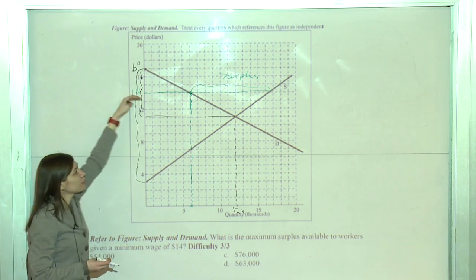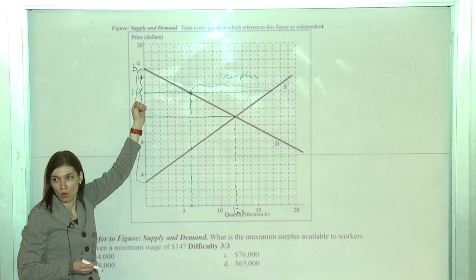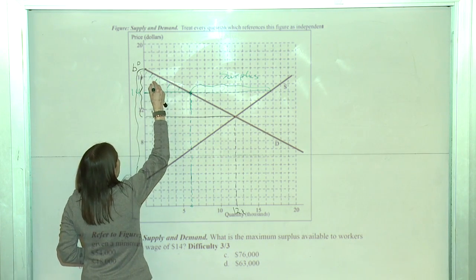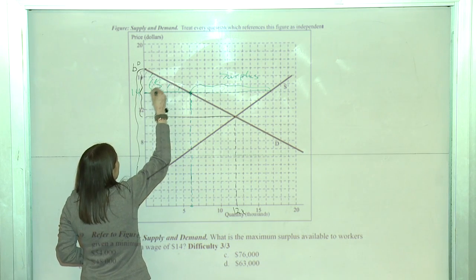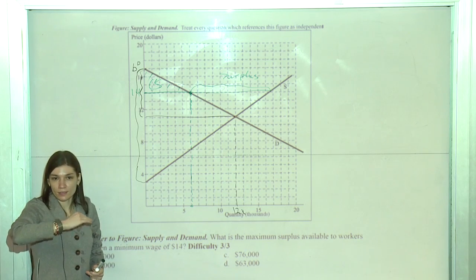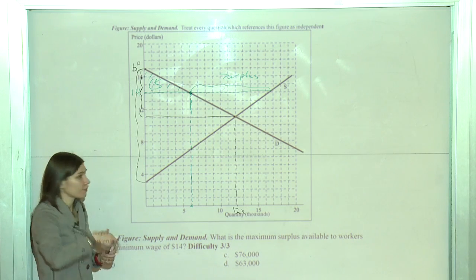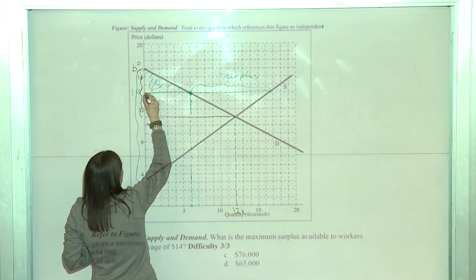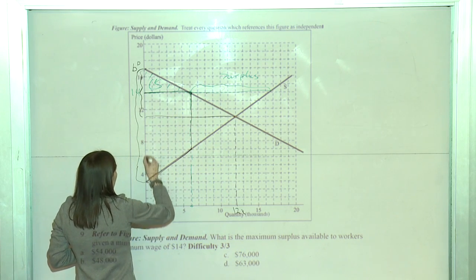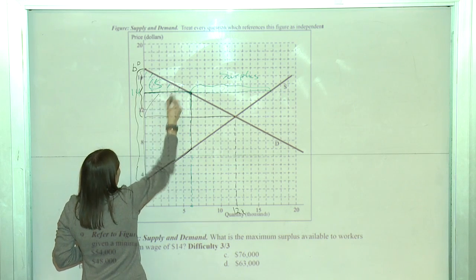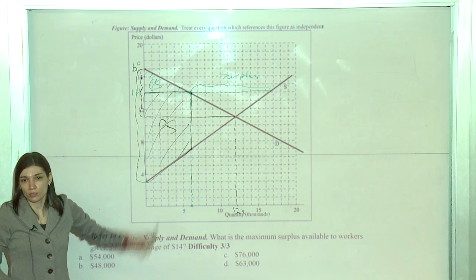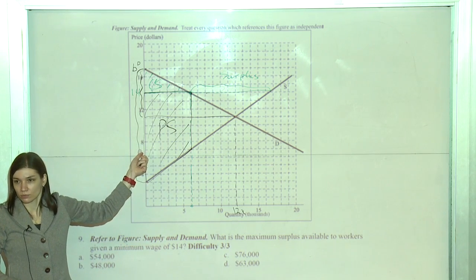By definition, it's above the price and below the demand curve, so this little triangle here is consumer surplus. Producer surplus is below the price and above the supply curve, so its area is this trapezoid here. That's producer surplus, and that's what we are asked about.